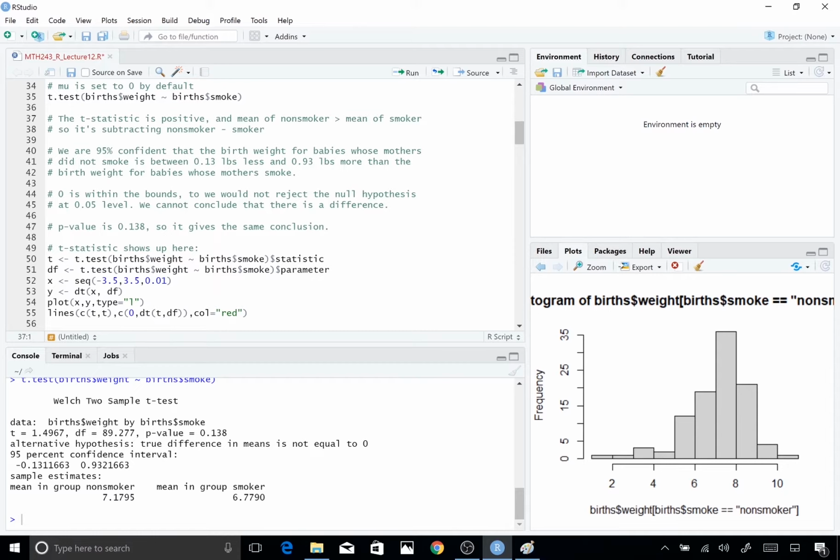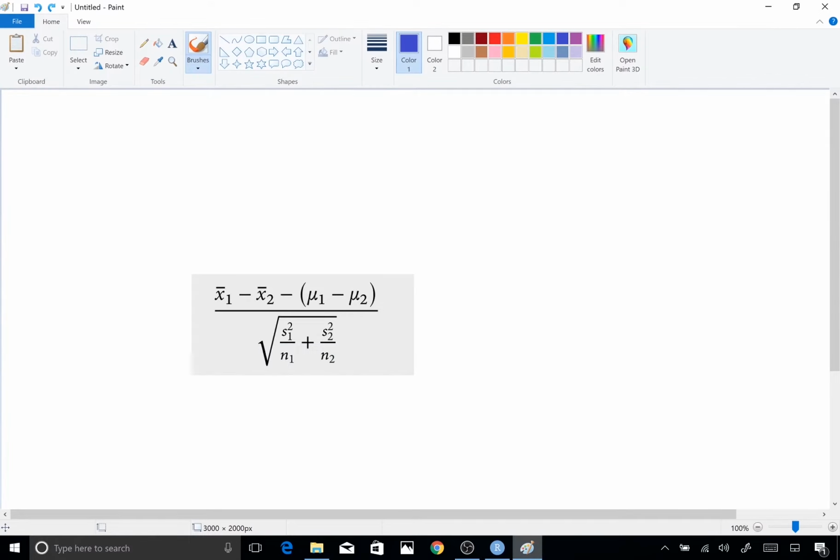Recall that the t-statistic for the two-sample case looks like this, and mu1 minus mu2 equals 0 under the null hypothesis. So the numerator is based on x bar 1 minus x bar 2, and the denominator is always positive. This means that the sign of the t-statistic will tell you which direction R is subtracting.